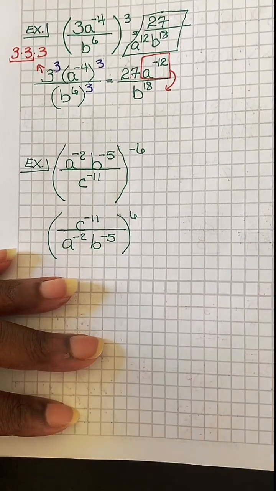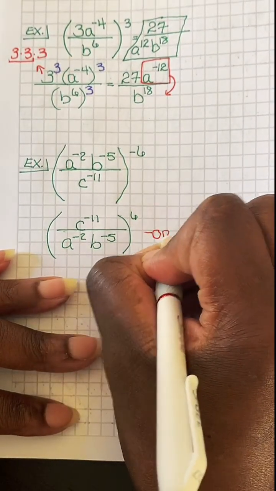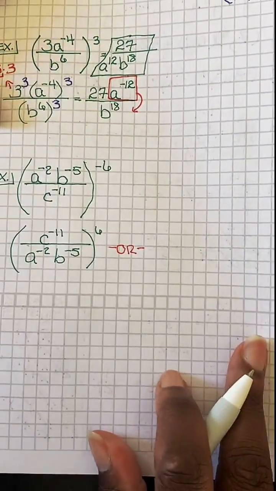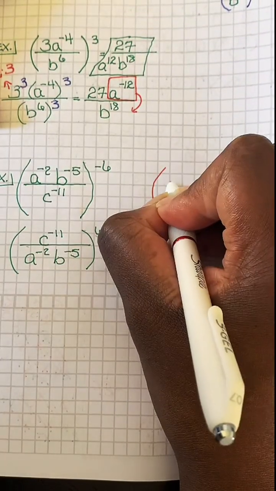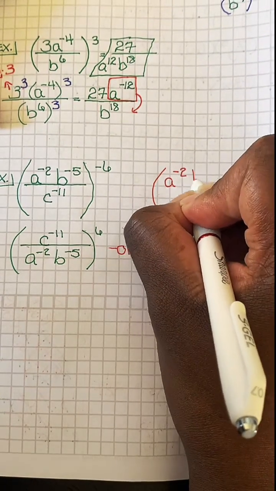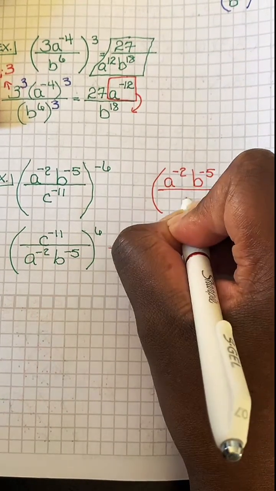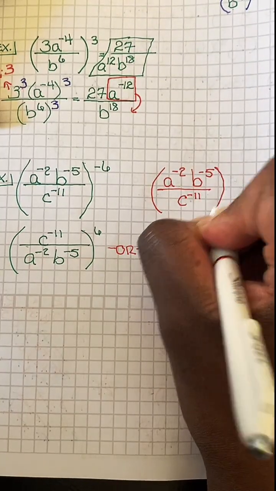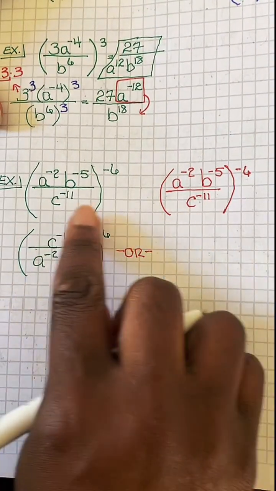I'm going to put the word or right here, and I'm going to rewrite it in red. You're going to see why. So we have a to the negative 2nd, b to the negative 5th over c to the negative 11th, and it was being raised to the negative 6, right? They look exactly the same.